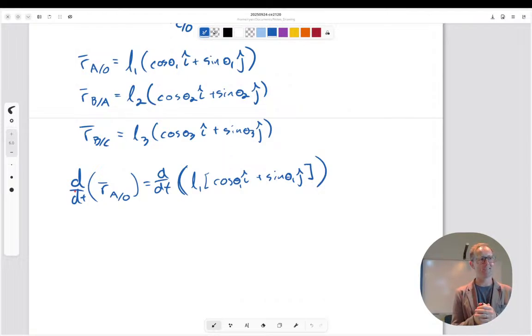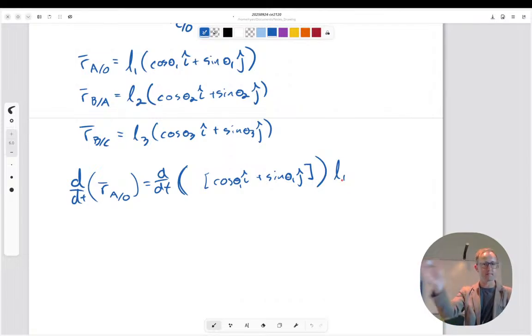Well, the problem is that L1 is probably a constant, right? L1's constant, so we can pull that one out, and that's not going to affect it. So it's just cosine of theta 1 i plus sine of theta 1 j. And then I think we can ignore i and j for now. Those are similar to constants, it's just telling you a direction.